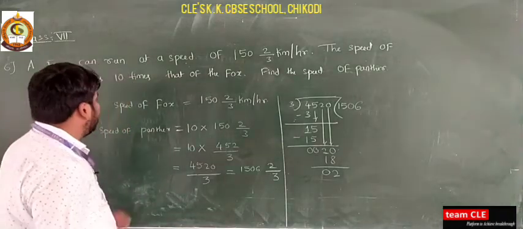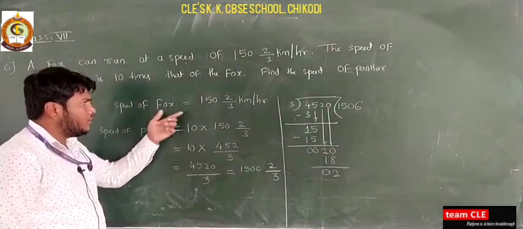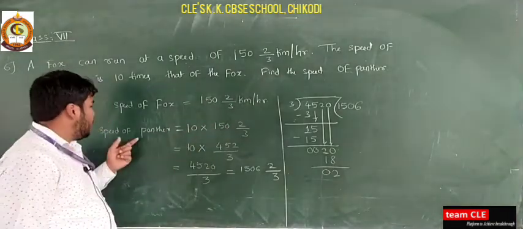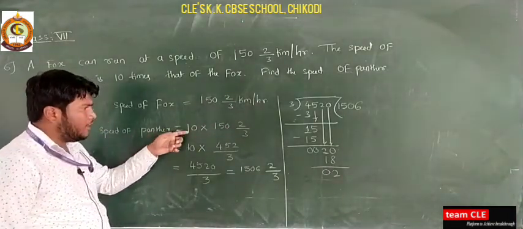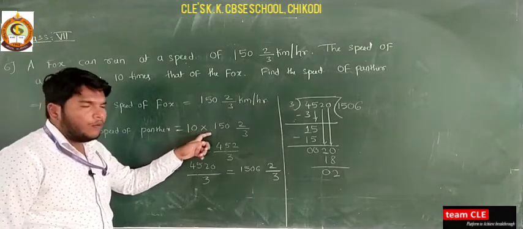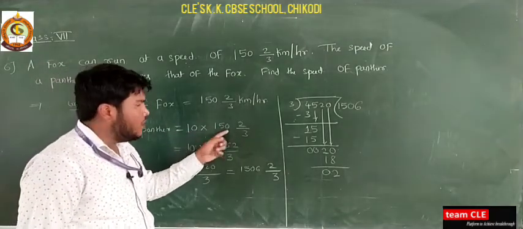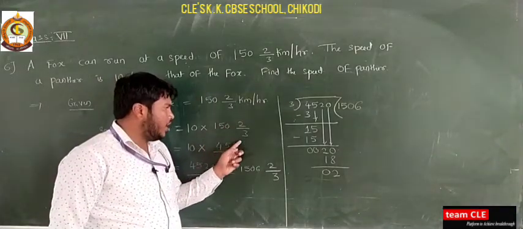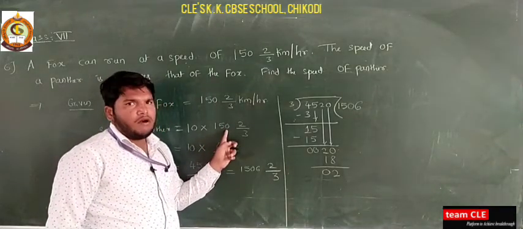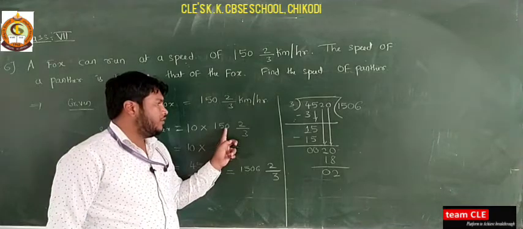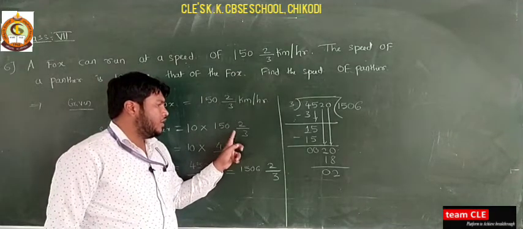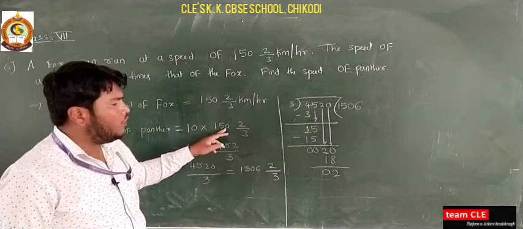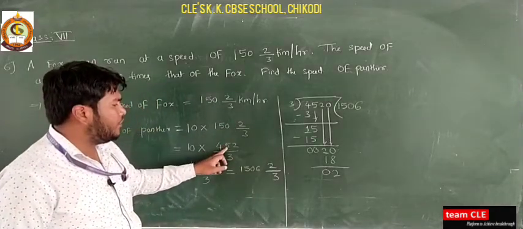First, write the speed of the fox is 150 integer 2/3 kilometer per hour. Then the speed of the panther is 10 times that of the fox, that is 10 into 150 integer 2/3. Write 10 as it is, and convert 150 integer 2/3 into an improper fraction: 150 into 3 is 450, plus 2 is 452/3.